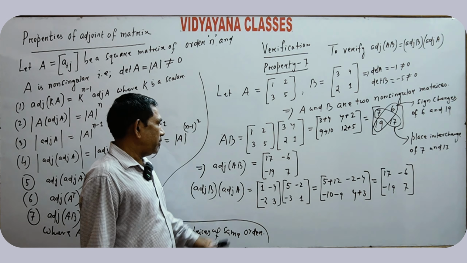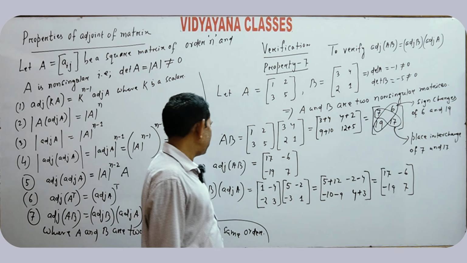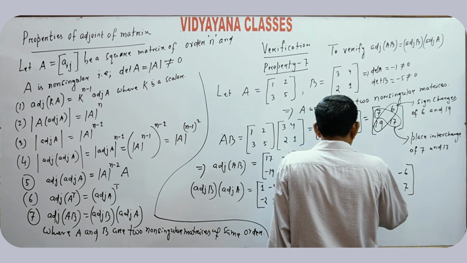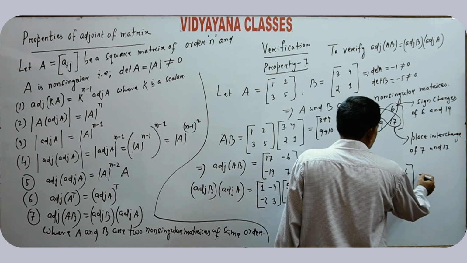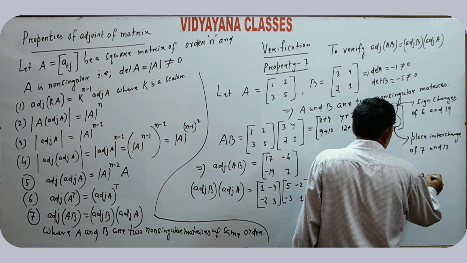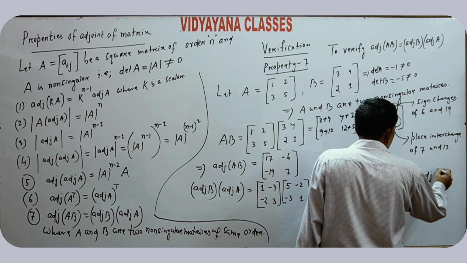Adjoint of B into adjoint of A is equal to the matrix having elements 17, -6, -19, 7, which is equal to the adjoint of AB.